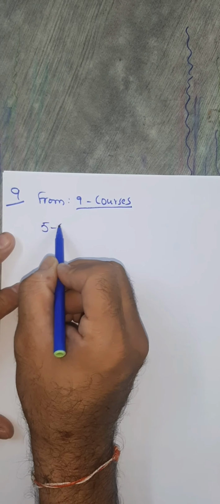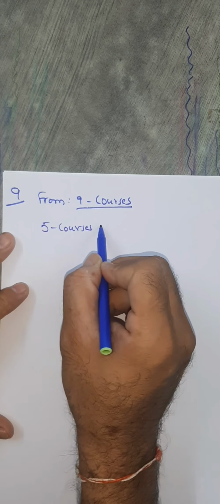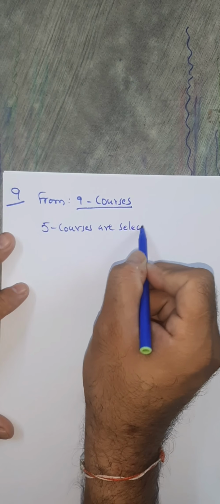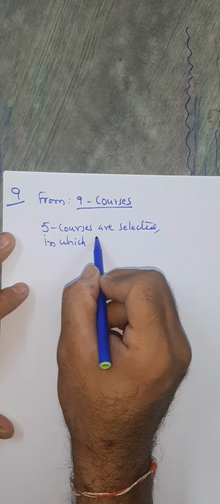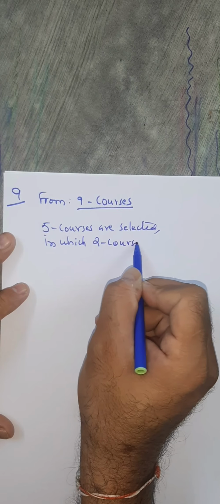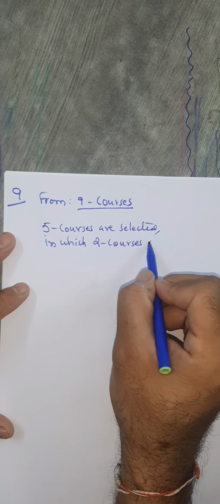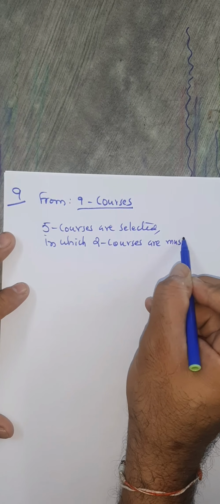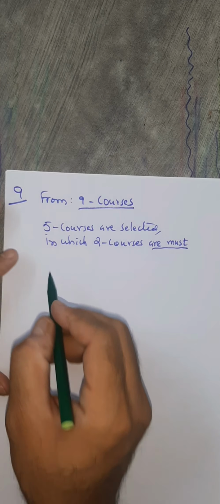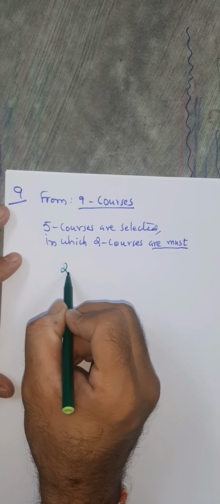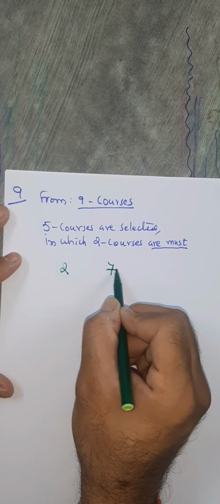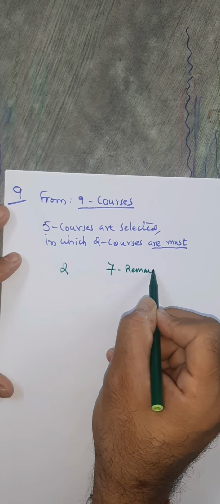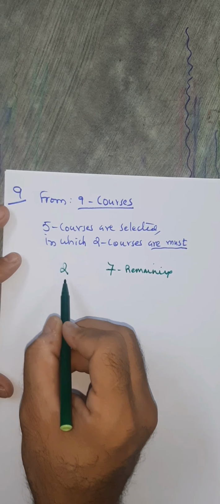So 5 courses are selected here, in which 2 courses are compulsory, must for each student. That means 2 should be there. Okay. So here 2 courses are fixed. So remaining 7 courses, 7 would be remaining courses.